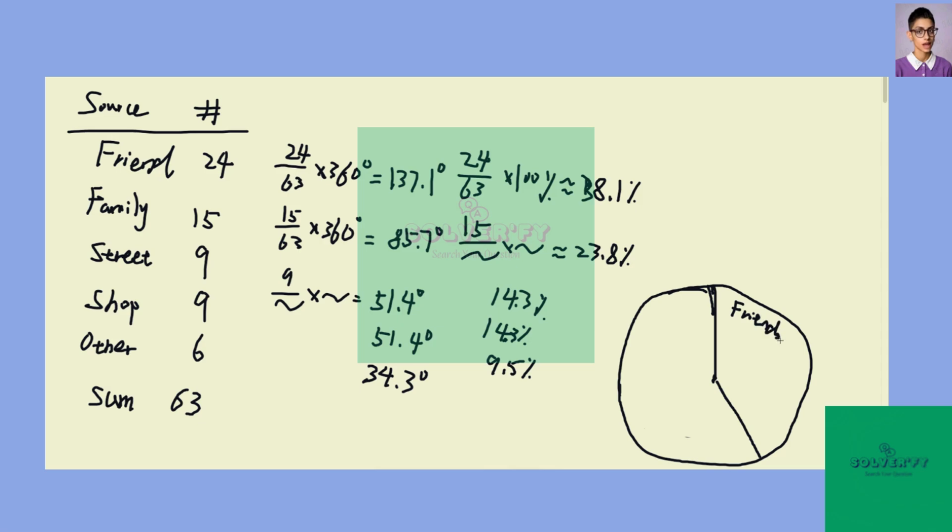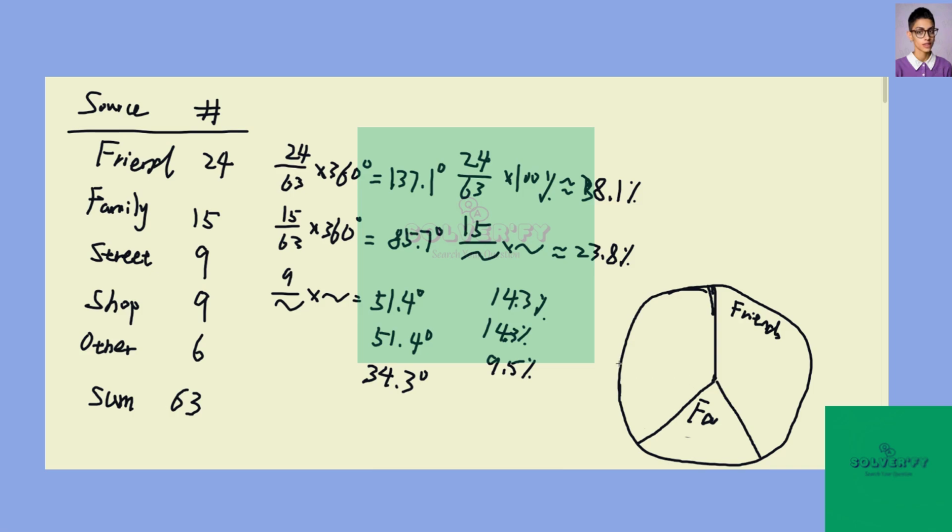Okay, for the next one, they get it from their family. It's 85.7 degrees. We know it is smaller than 90, so let's just draw it here. Family. Okay. For the next one, they get it from the street. It is 51.4 degrees. Well, it is a little bit bigger than 45 degrees.